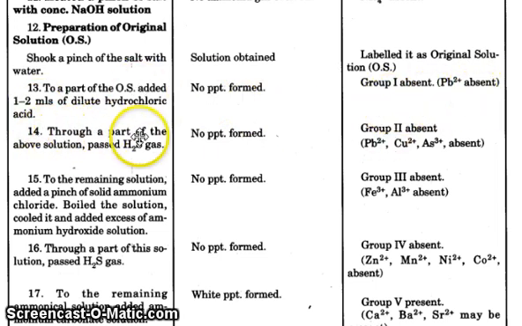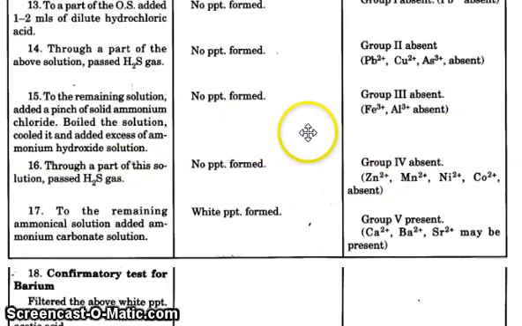Then through a part of the above solution, passed H2S gas, no precipitate formed, group 2 absent. And then to the remaining solution, added a pinch of solid ammonium chloride, boiled the solution, cooled it, and added excess of ammonium hydroxide solution. No precipitate formed, means group 3 absent. Then through a part of this solution, passed H2S gas, no precipitate formed, then group 4 absent.